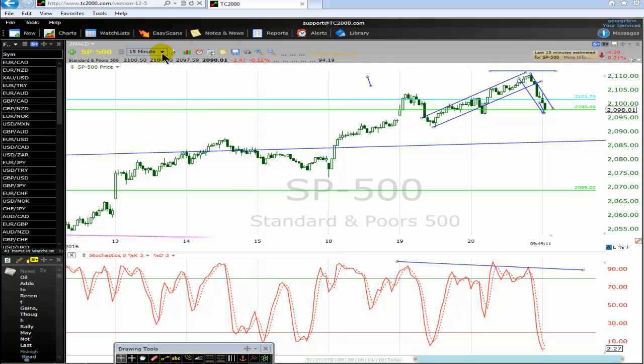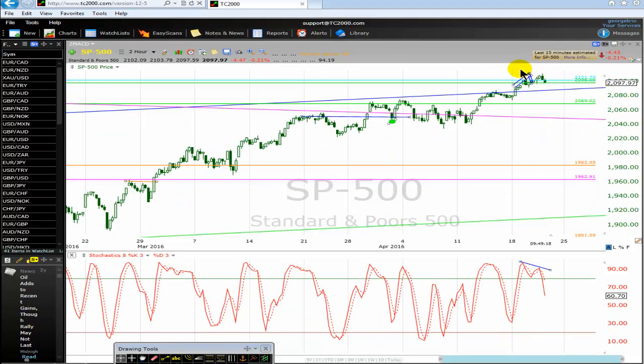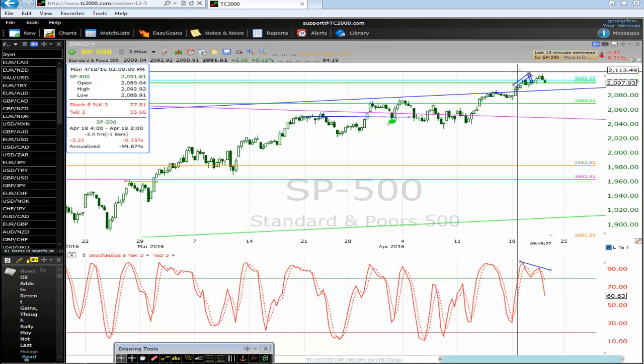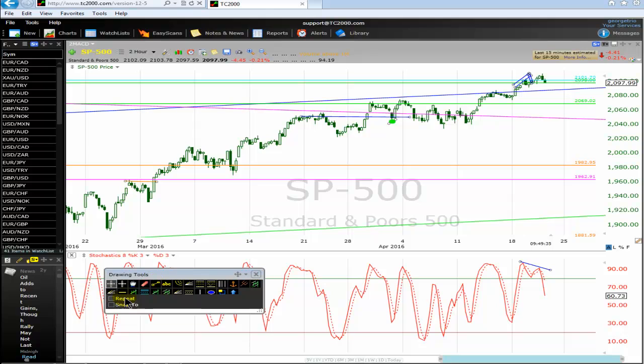Let's go to the hourly chart. No room either, same thing on the hourly time frame. I'm going to use 15 pips for this trade. My stop loss at 2113. Okay, 15 pips.